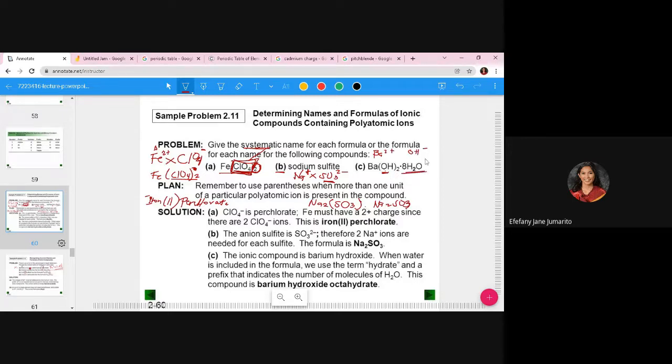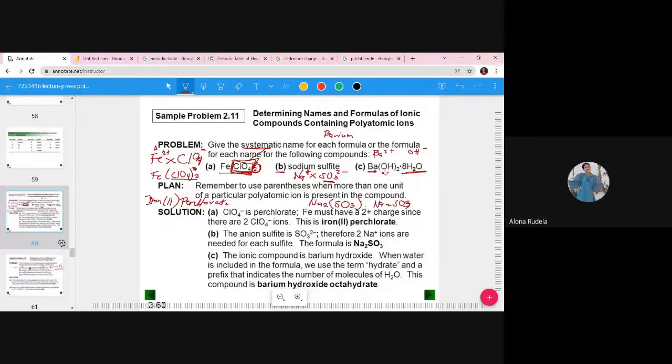Then we have 8. What's the name of letter C? Ba is barium, 2 plus. Barium hydroxide, ma'am. What about the second one, barium hydroxide?